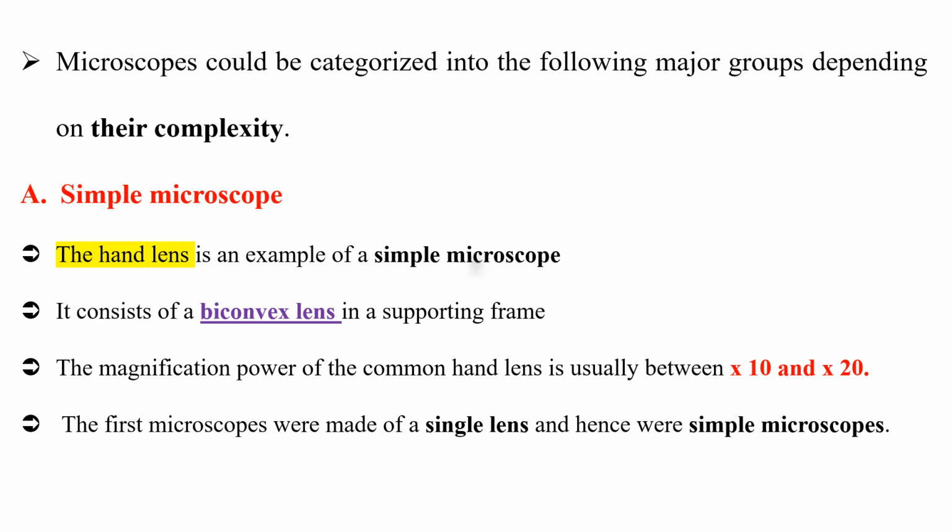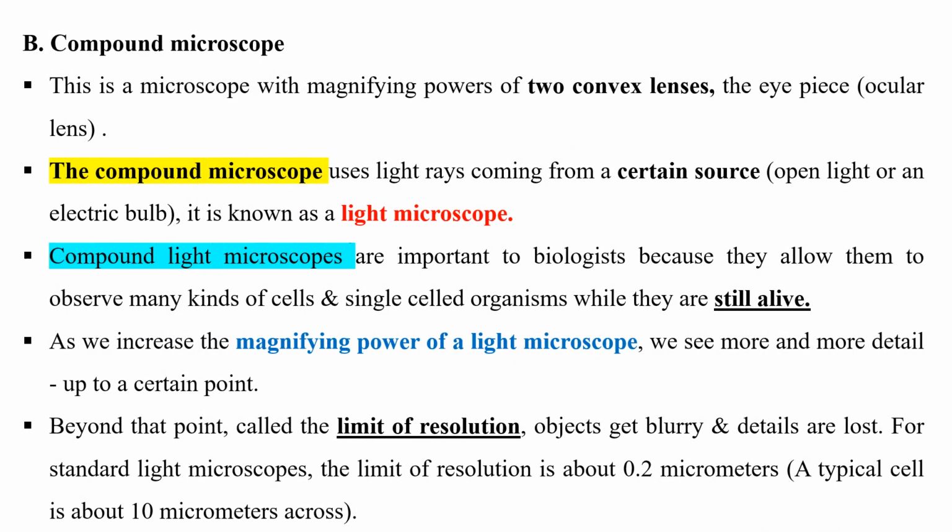The other one is the compound microscope. Compound microscopes were developed especially by Anton van Leeuwenhoek. This is a microscope with the magnifying power of two convex lenses, which has an eyepiece. Inside the eyepiece there is an ocular lens and objective lenses.